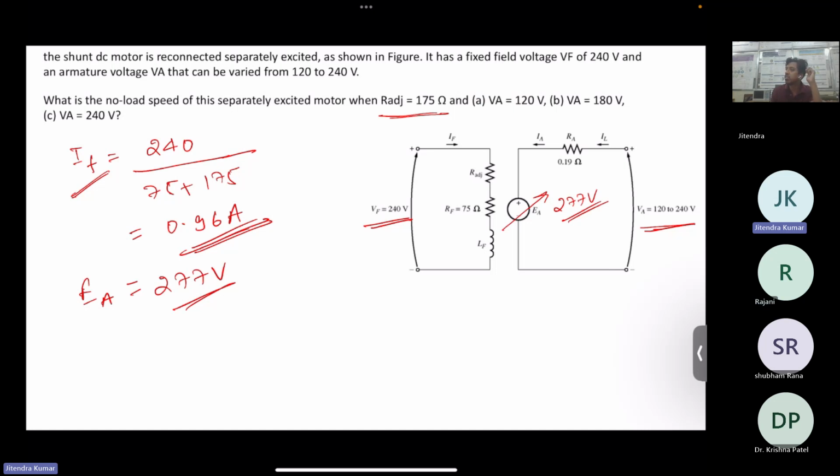So from this graph, you can see that the speed of the machine at rated is 1200 RPM, right? Here it is mentioned.